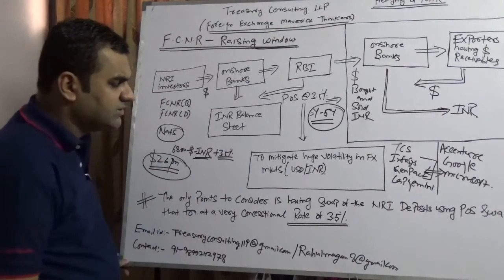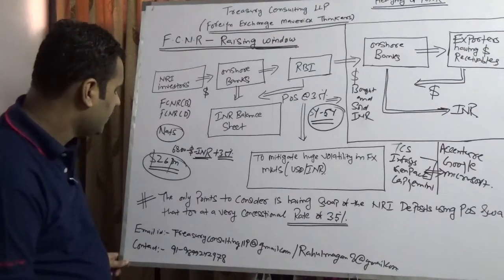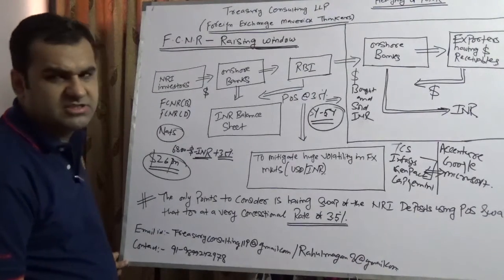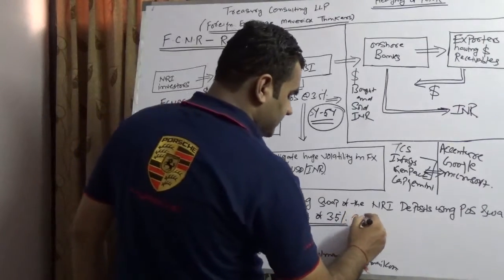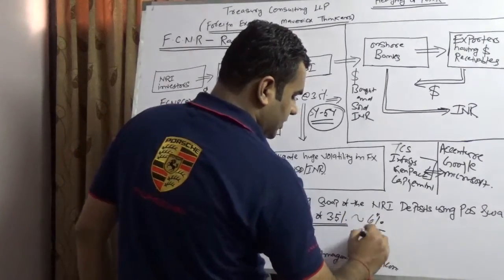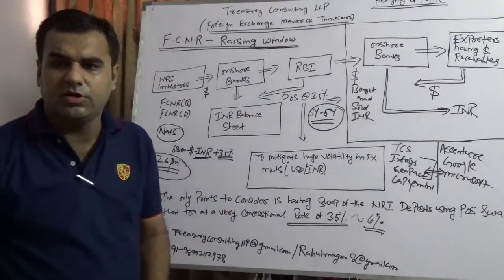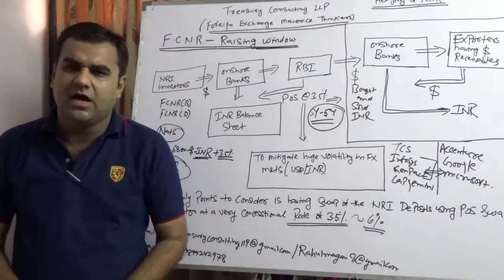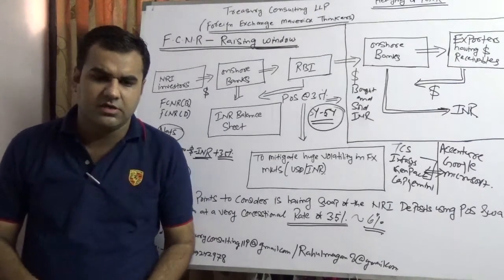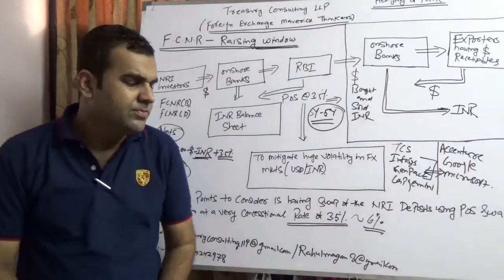The only point to consider here is the swap of the NRI deposit using POS swaps, principal only swaps, and that too at a very concessional rate of 3.5%, compared to approximately 6%. So that is all about the foreign currency non-resident bonds window, because nowadays there is a lot coming up in the media about how things would go, how things would matter, and so on. You all understand that very well.